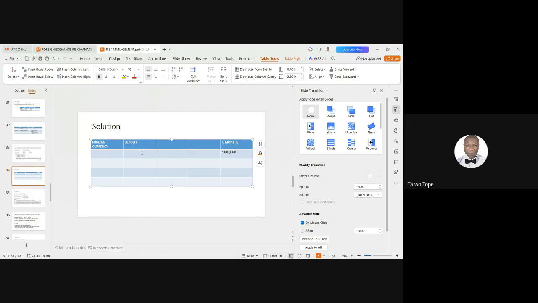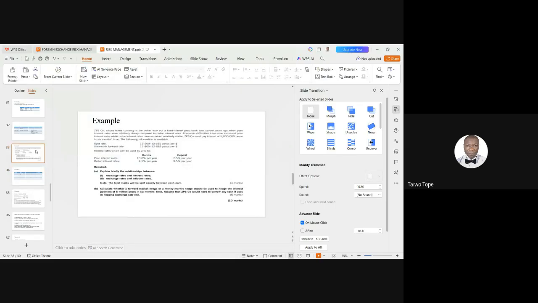How much will you deposit today? And that deposit will grow to 5 million in the next 6 months. It will be 5 million divided by 1 plus R. And what is R?